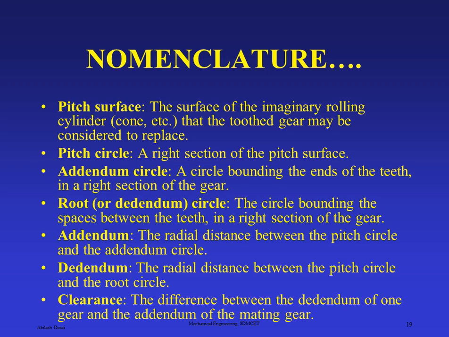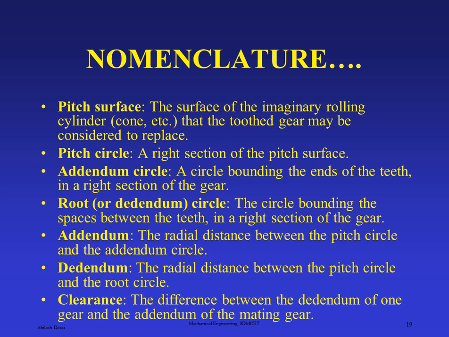Pitch surface is nothing but the surface of the imaginary rolling cylinder that the toothed gear may be considered to replace, and pitch circle is the right section of the pitch surface. Addendum circle is the circle bounding the ends of the teeth in a right section of the gear, that is on the top side, and dedendum circle is at the bottom side.